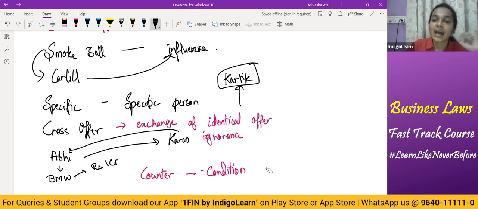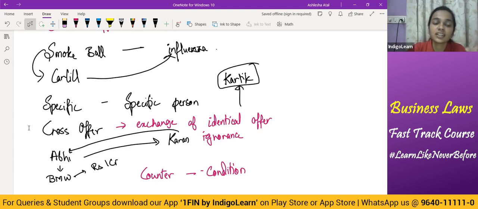And the next type of offer is a standing offer, open offer, or a continuing offer. So this is again an offer made to the public at large. However, it is for a certain time span. It is open for acceptance for a certain time span. Say these Big Billion Days of Flipkart, Amazon sale, these go on for a specific time span.